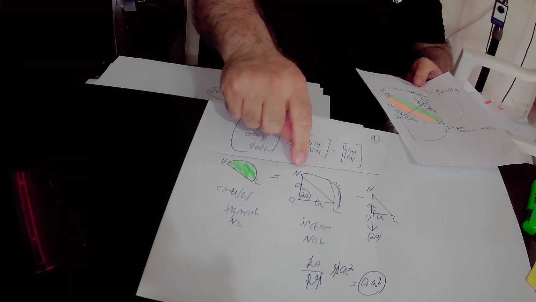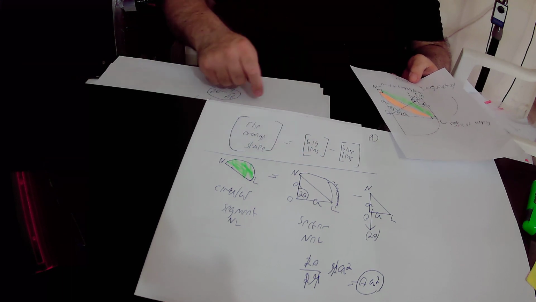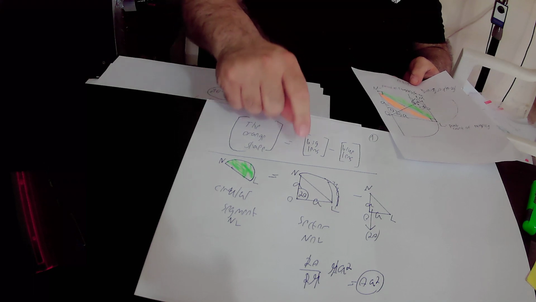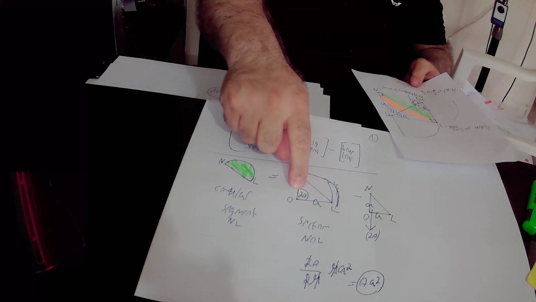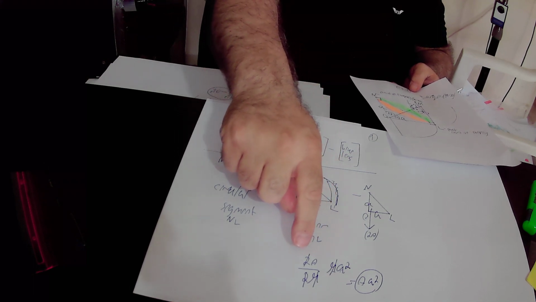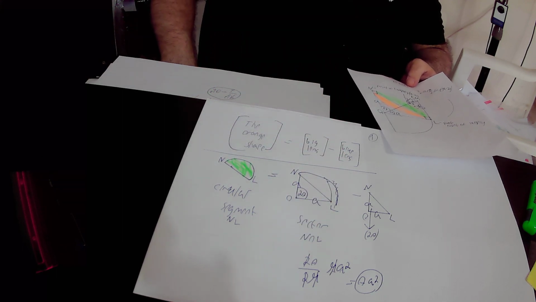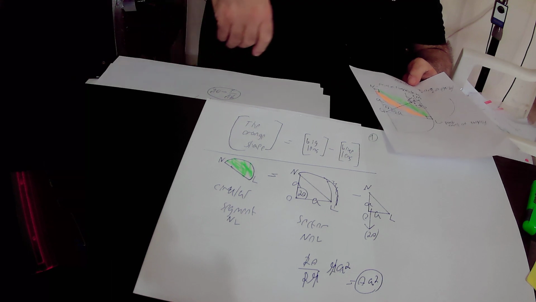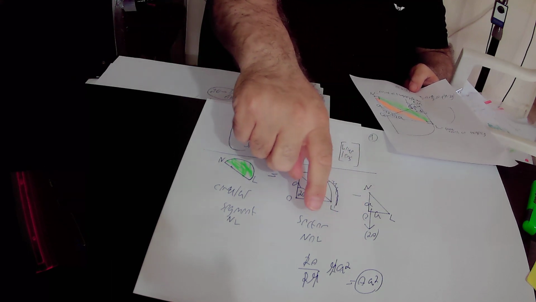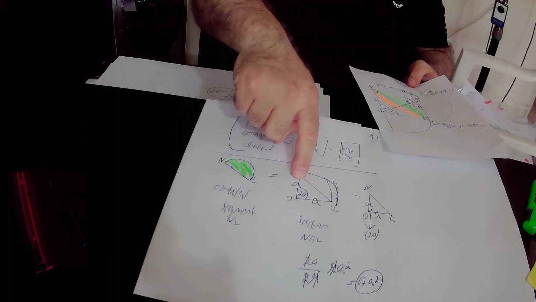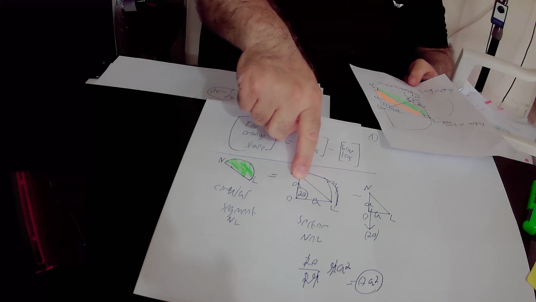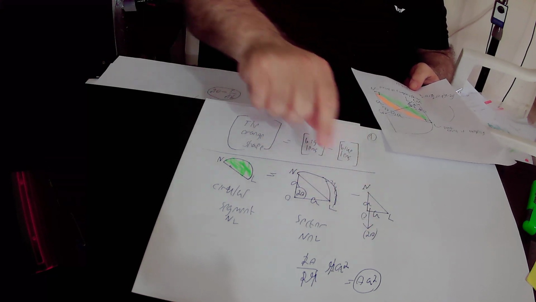So what is the area of sector NOL? It is equal to the angle between the legs of the sector times pi a squared over 2 pi. This gives us the result that the area of this sector NOL equals theta a squared.